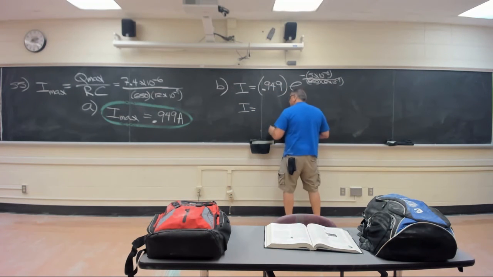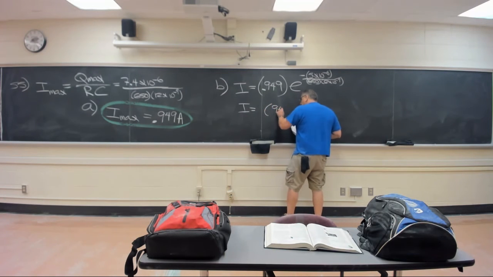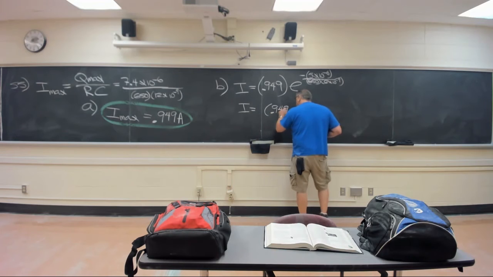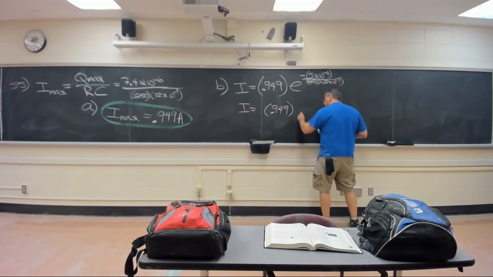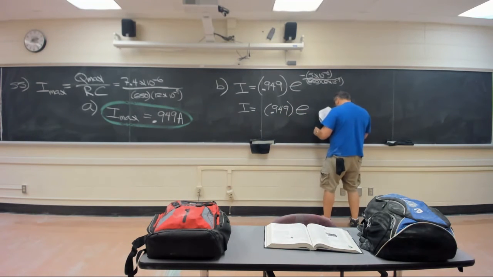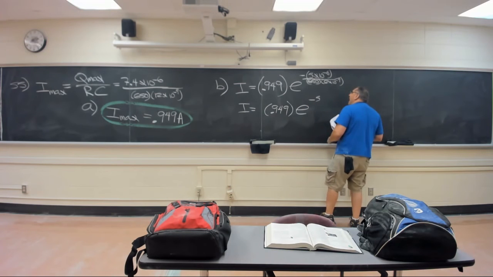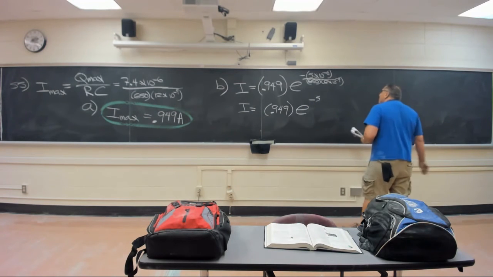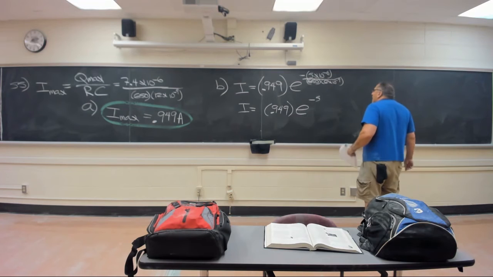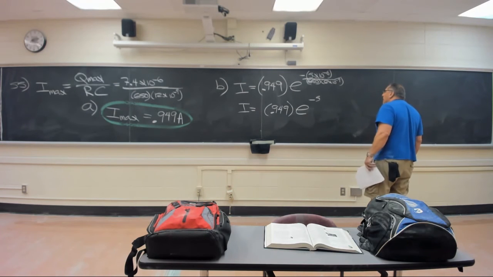The 7.8 is the tau, guys. You get the 949, that's -5. It's a fascinating point here, guys.